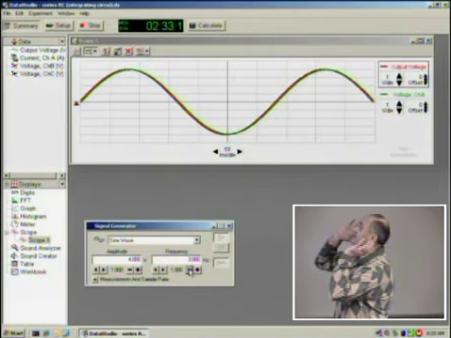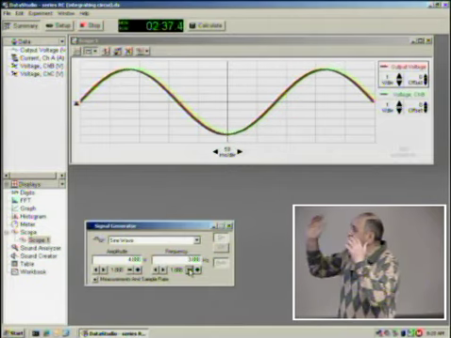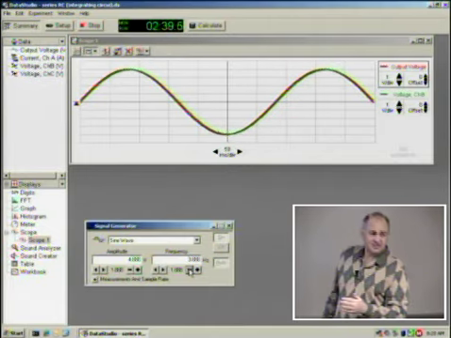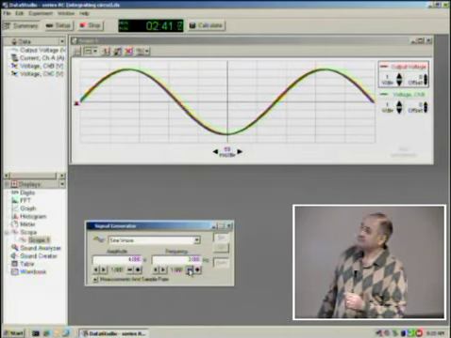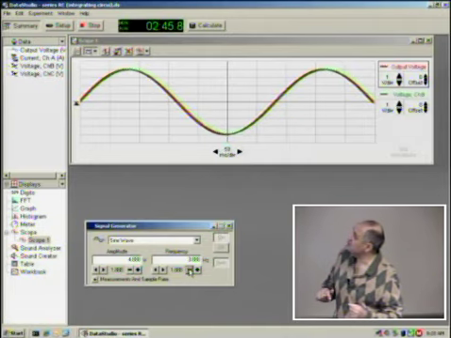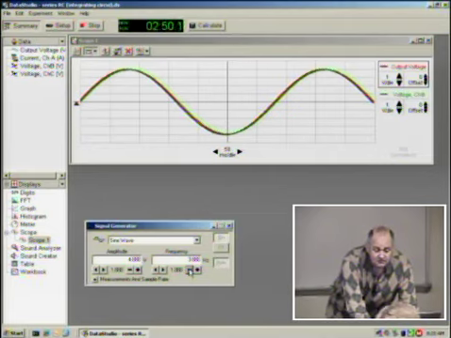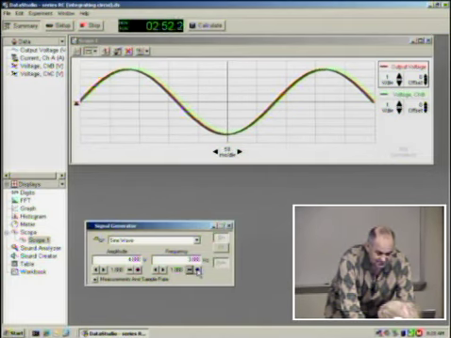Look actually that the output signal is exactly the same as input signal. Right? Well, I mean, there's just tiny phase shift, but they almost overlap. And now I'm going to increase the frequency.